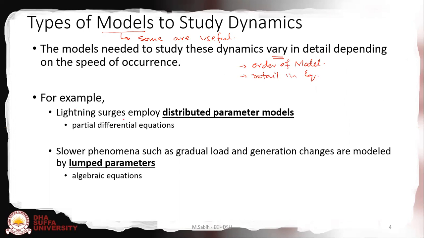For example, lightning surges employ distributed parameter models, and we use partial differential equations, because this is a large scale distributed network. We should expect that a single parameter will not be enough, so we have to have some kind of distributed parameter model.